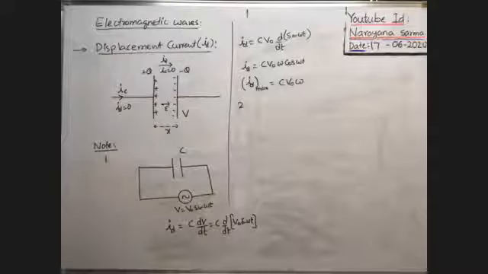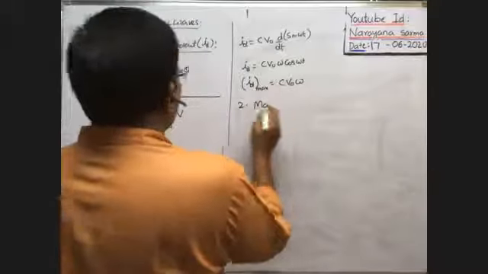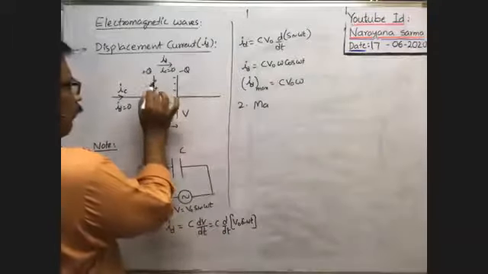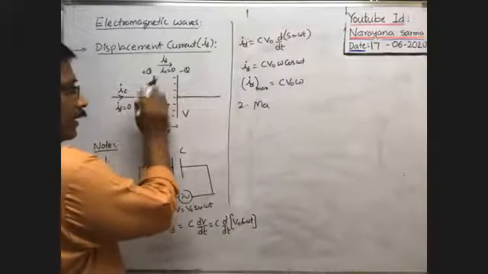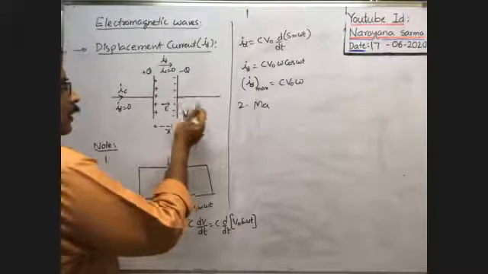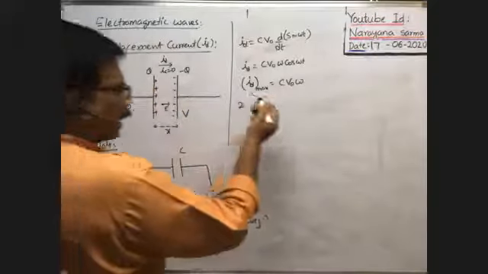While charging or discharging, whenever the displacement current passes from one plate to another plate, then definitely, just as around a current carrying conductor a magnetic field is developed, because of the passage of the displacement current from one plate to another plate, a magnetic field is also developed.